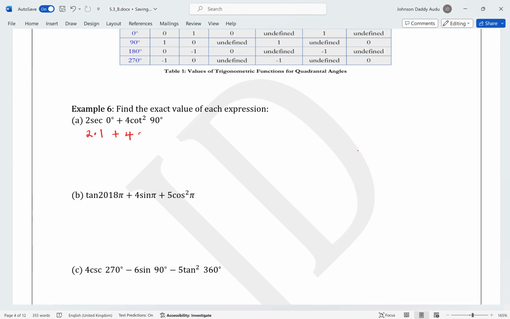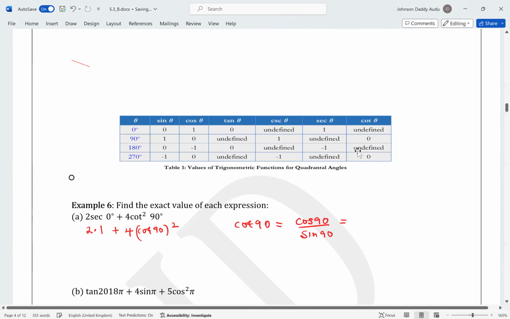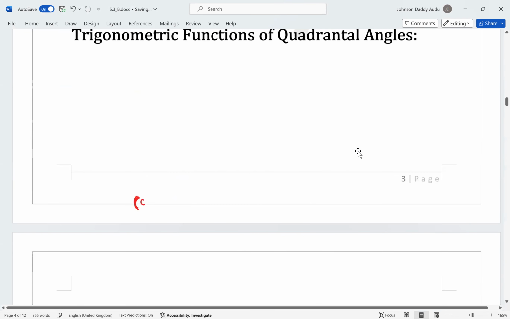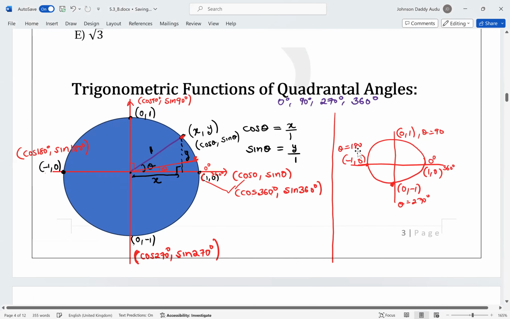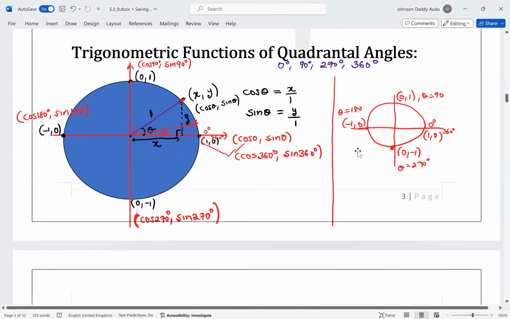Cotan, this is like saying cotan 90 all squared. But we know that cotan 90 is the same thing as cosine 90 over sine 90, right? Based on what we just discussed, cosine 90 is 0, while sine 90 is 1.